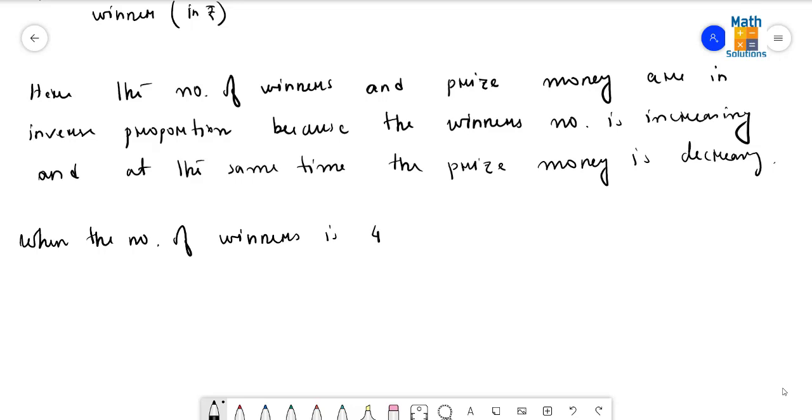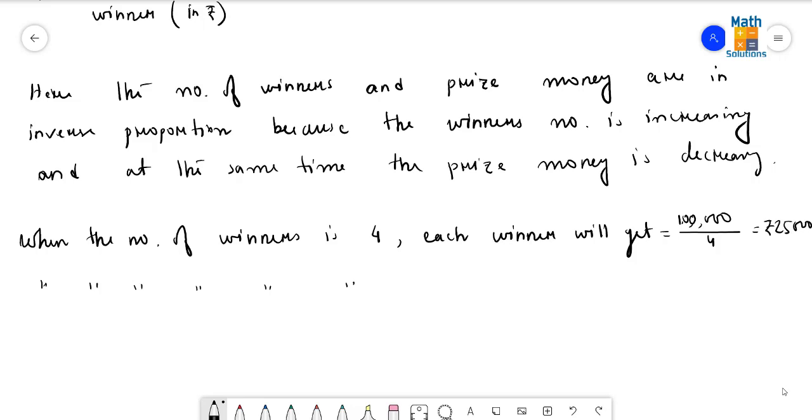Therefore what we shall write next: when the number of winners is 4, each winner will get how much money? It is 1 lakh to be divided by 4. The result will come as rupees 25,000. When the number of winners is 5, each winner will get how much? 1 lakh divided by 5, and the result will become 20,000.